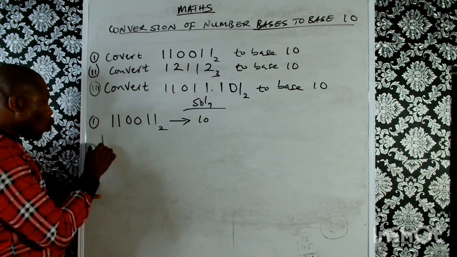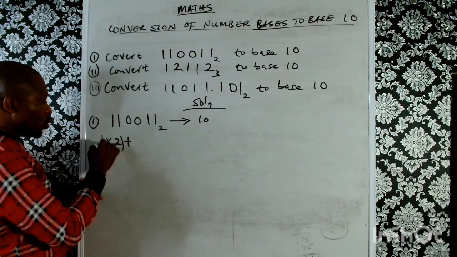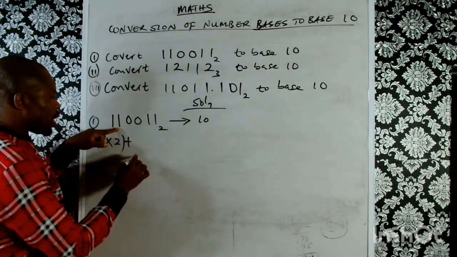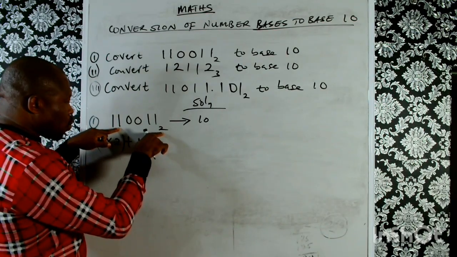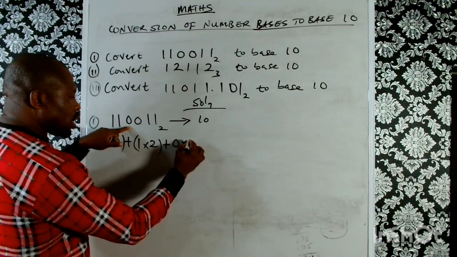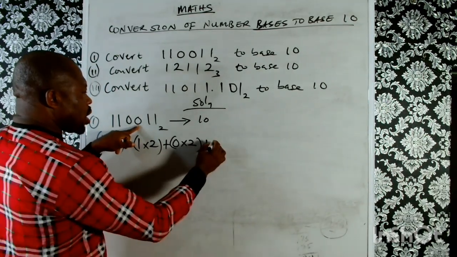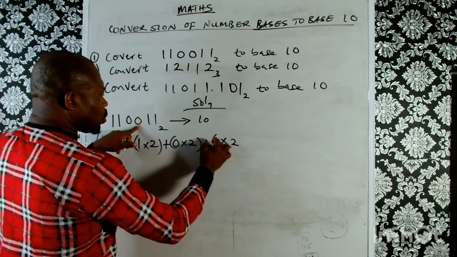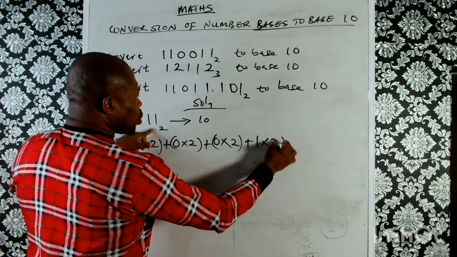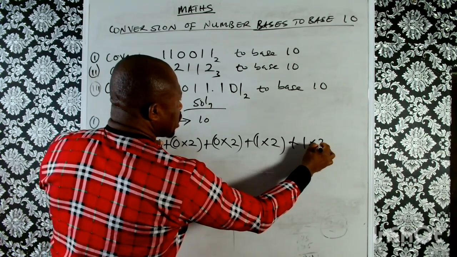Now we have 1 times 2 plus, you can put it in brackets, plus 1 times 2, plus 0 times 2. Now you add, move to this one, 0 times 2 plus this one, 1 times 2. Now plus the final one, 1 times 2.